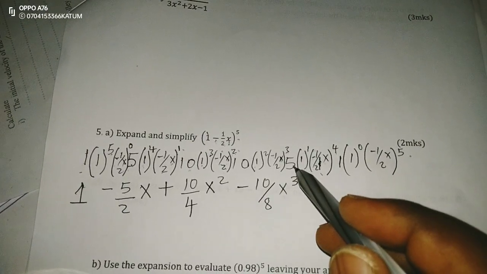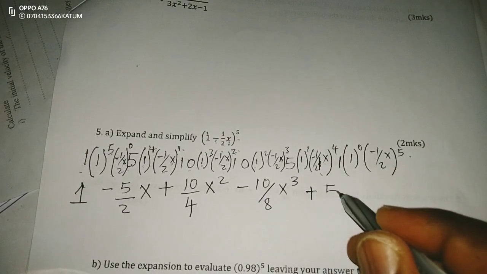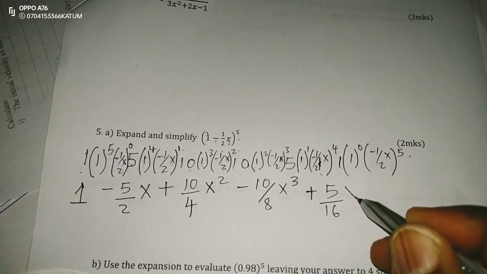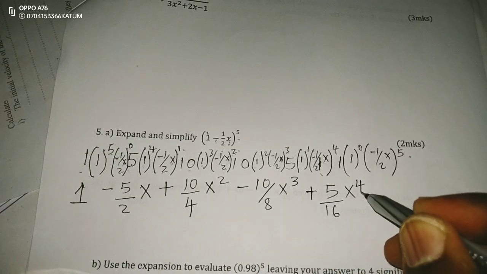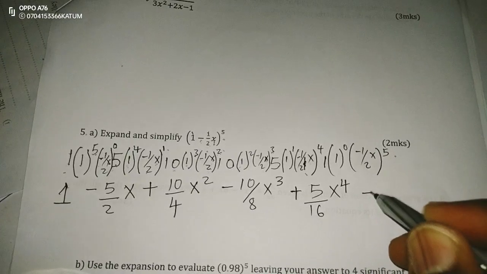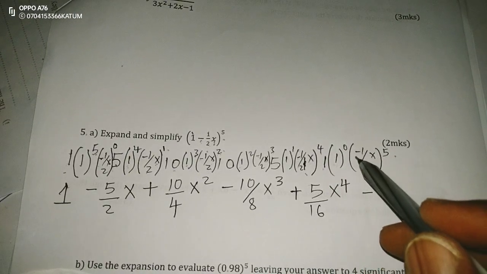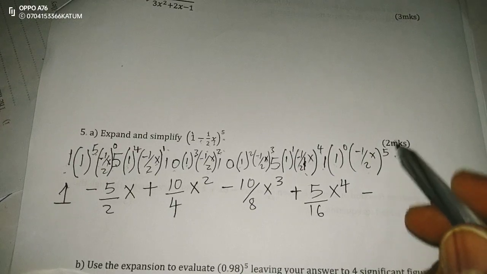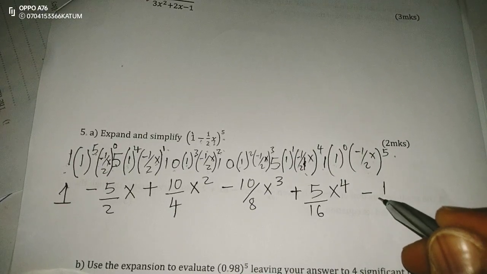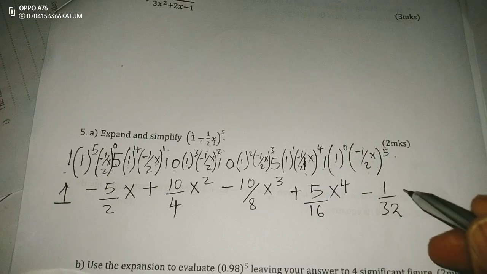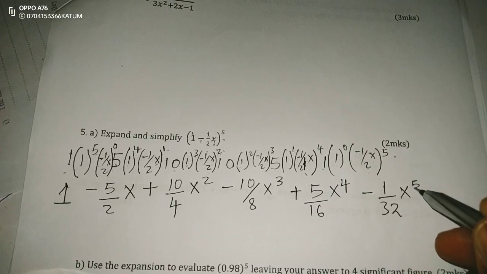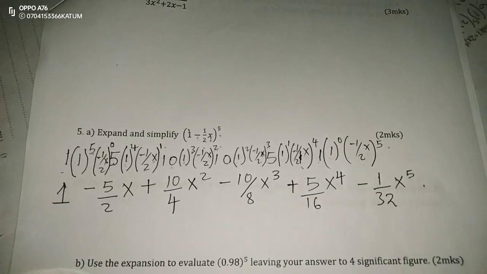Then there is multiplying by 5. Therefore, it will be 5 over 16, and x is to power 4. And finally, we will have 1 times 1 multiplied by negative 1 over 32 x power 5. So it will be negative 1 over 32 x power 5. So that is the expansion.